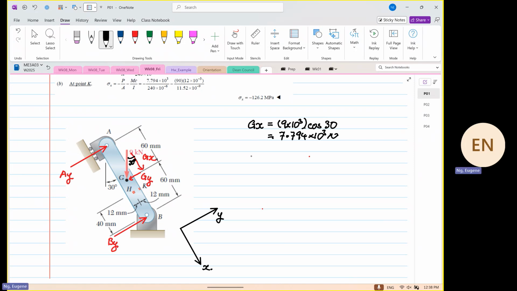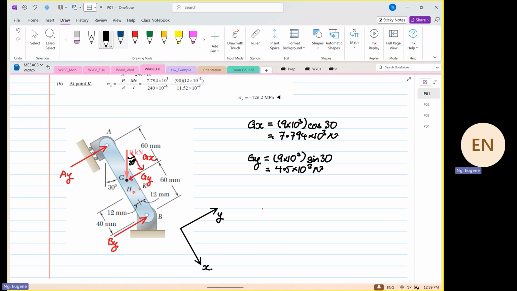And then we can calculate our GY also, which is 9 times 10 to the power 3 times sine 30. So this is 4.5 times 10 to the power 3 Newton.